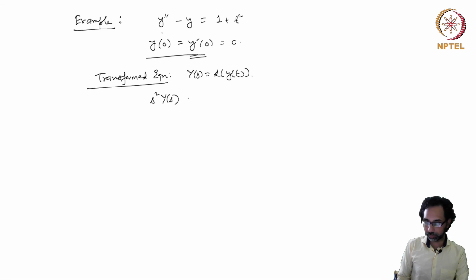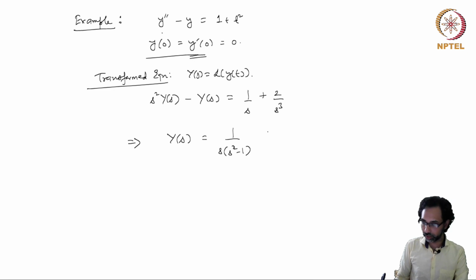So s^2 Y(s) - Y(s) = 1/s + 2/s^3. So Y(s) is 1/(s(s^2 - 1)) + 2/(s^3(s^2 - 1)).